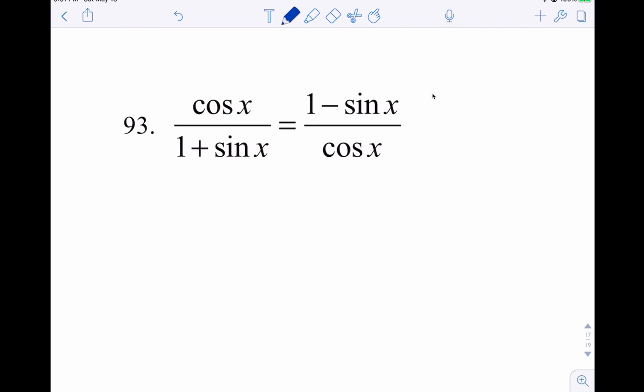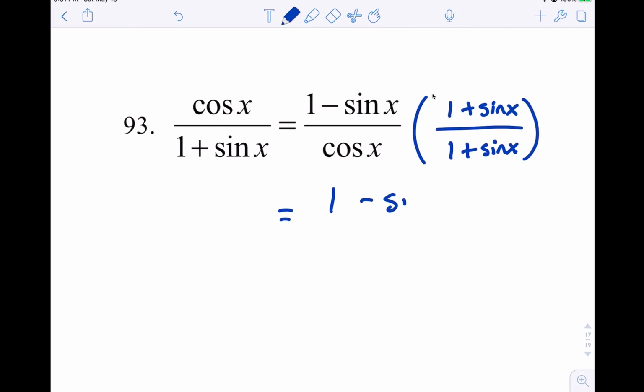Okay, 93. This one I think you can do either side. It should give you the same answer. So 1 plus sine over 1 plus sine. So that's 1 minus sine squared over cosine times 1 plus sine.